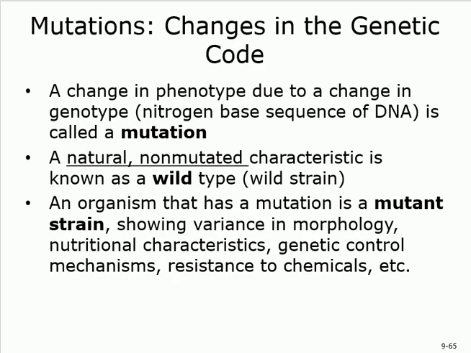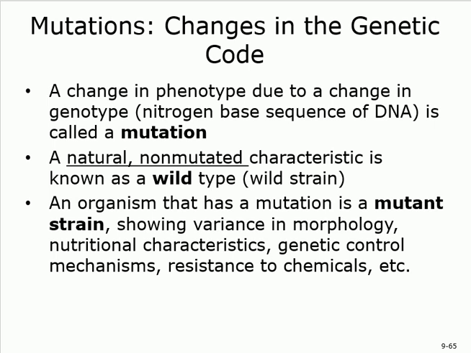Okay, now mutations. Mutation, again, can occur at any level, whether during replication or during transcription. You can make a mistake, right? Mistakes can happen. The sequence of the nitrogenous bases can change, mutate. This is the code, right?